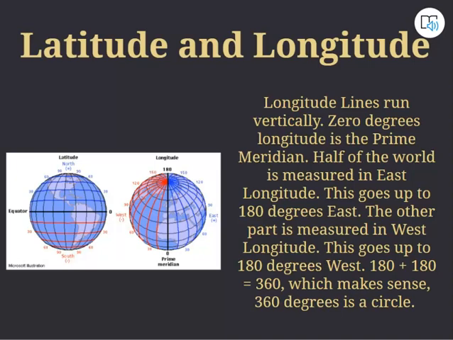All right, latitude and longitude are not going away. They play a very important role in the stuff that we're talking about today, and that is going to be air masses. Now, the reason why this is important, the closer we get to the equator, the warmer the air is going to be. The further away from the equator that we get, the cooler the air is going to be.